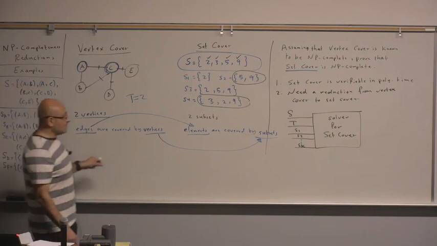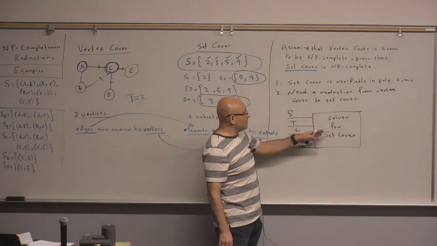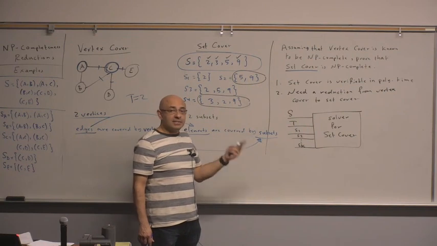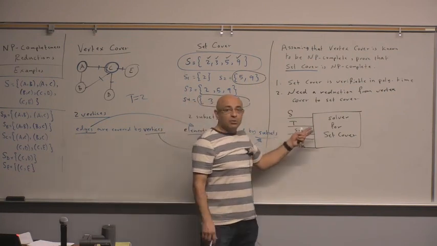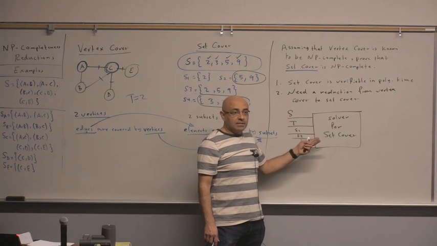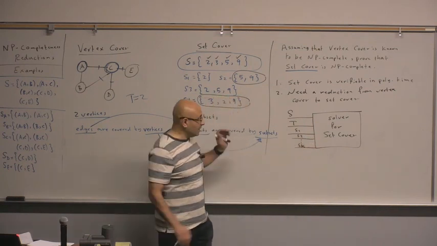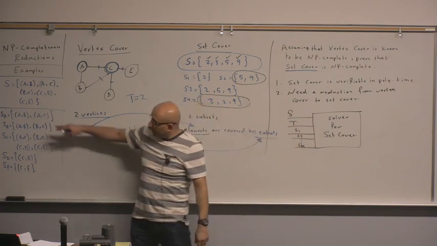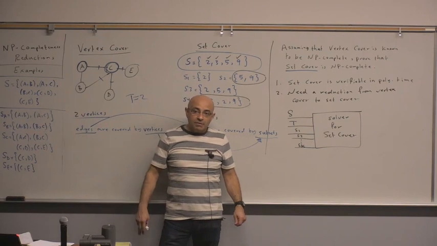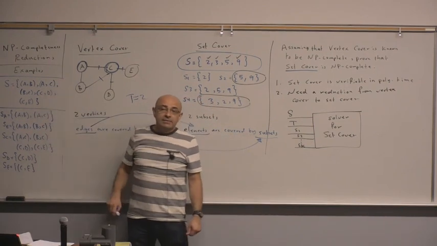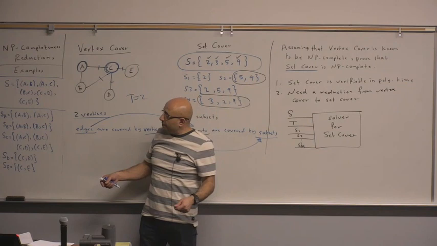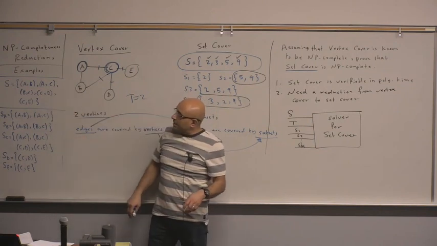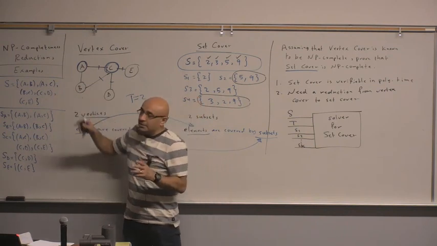If the set cover solver manages to find 2 subsets that cover the original set, this means it has found 2 vertices that cover all the edges in the graph.